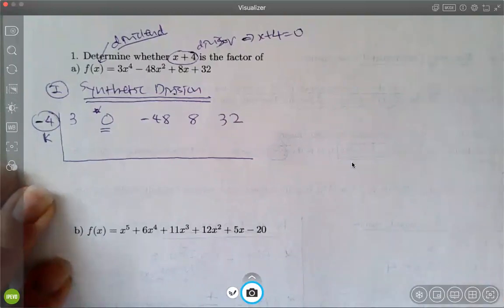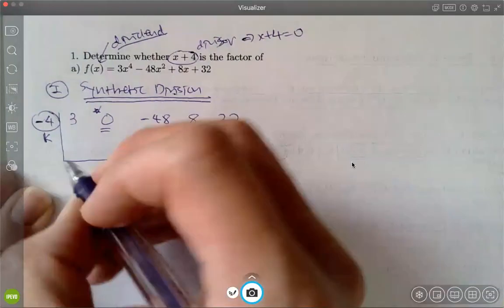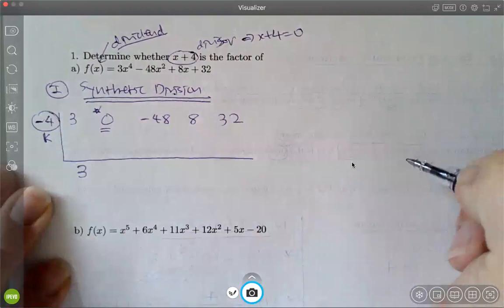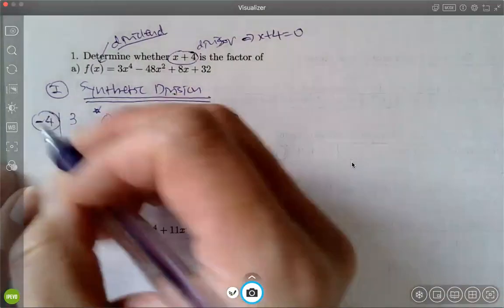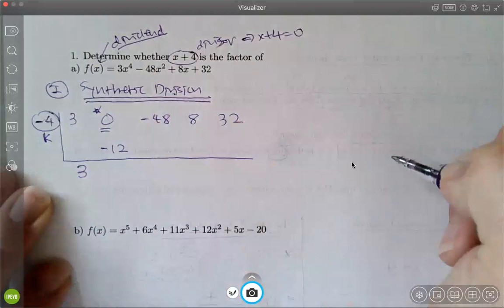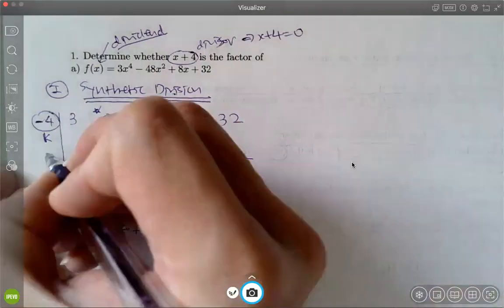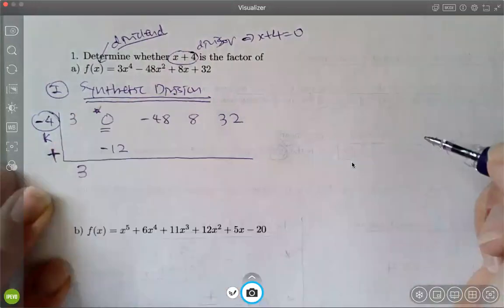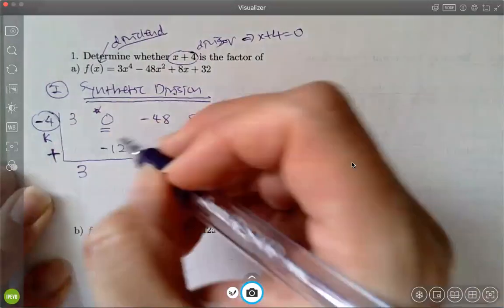So now what do we do? First bring down the first number, 3, and then we multiply these two numbers, which is -12, and we write it right below 0. For the outside, we have addition, this big addition sign. So 0 plus -12, that's just -12, right?